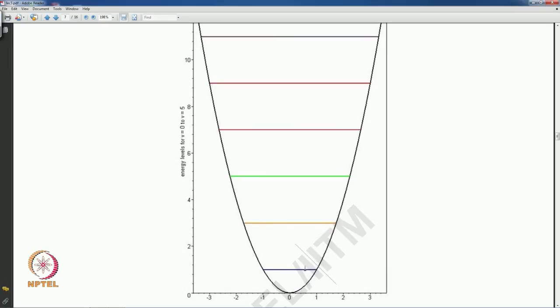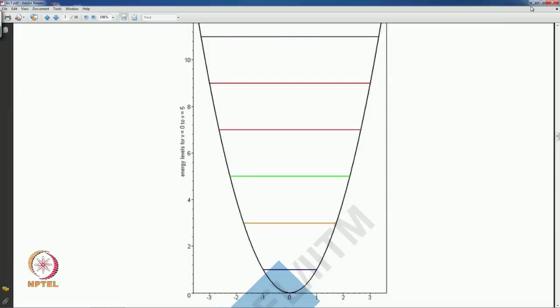In order to excite transitions between, say, level 0 and level 1 or 2 or level 3, you need to have the harmonic oscillator behave as an anharmonic oscillator. These things will become clearer when we talk about the spectroscopy part of it. But now, having looked at the energy a little bit, let us see what the wave functions are.